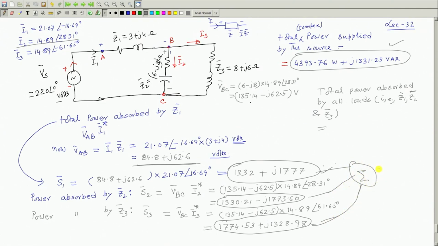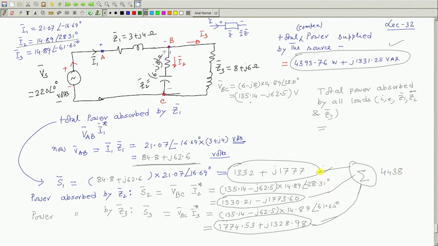These are three numbers. How much does it come? Real part? No, let me write whatever you are getting. 4438.